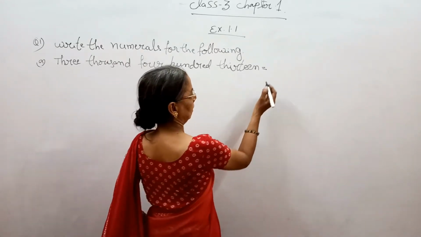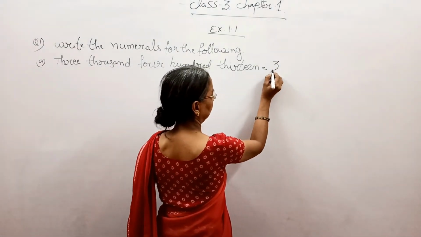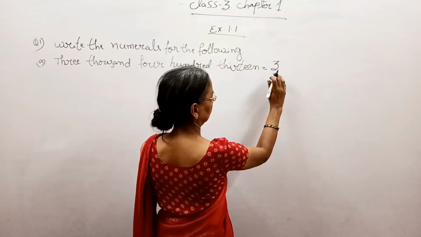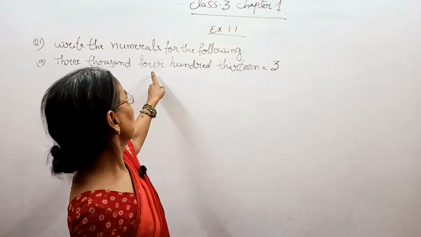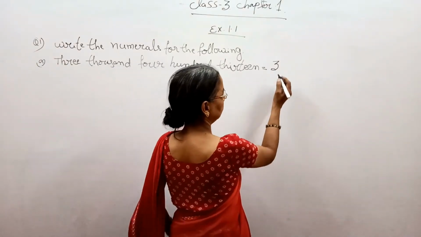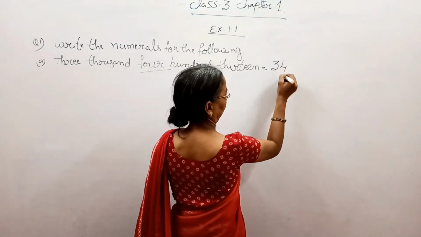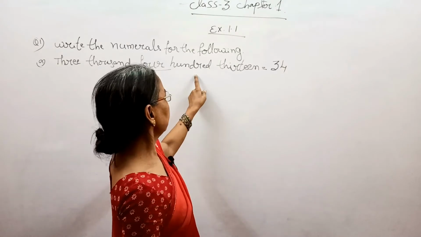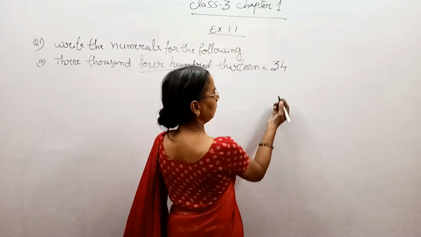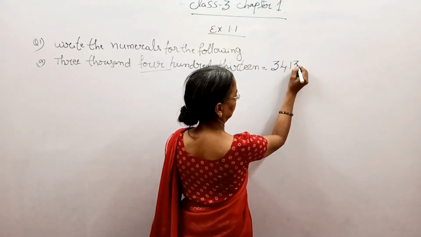For 3000, we write 3 here, after that 400, it means we have to take this 400, then 13. Simply we have to write 13 like this.